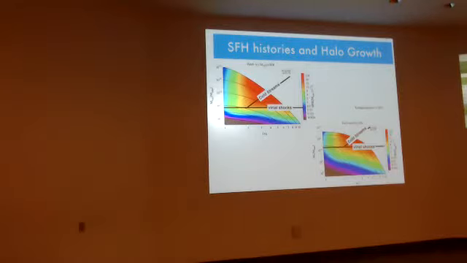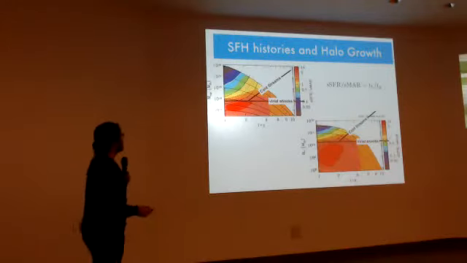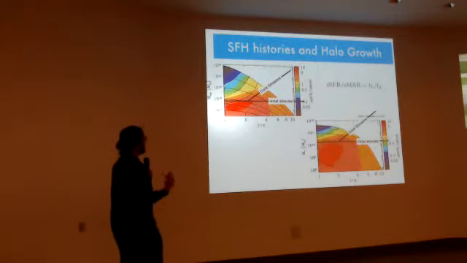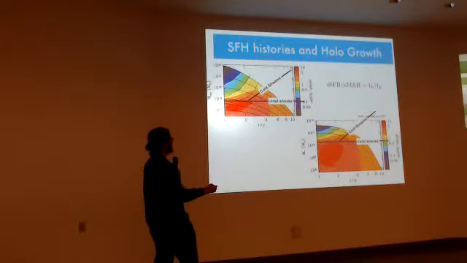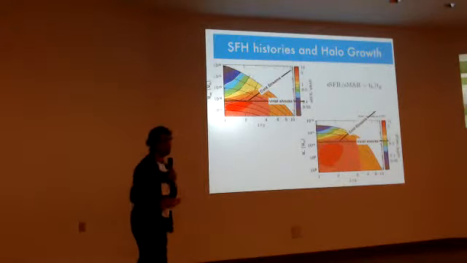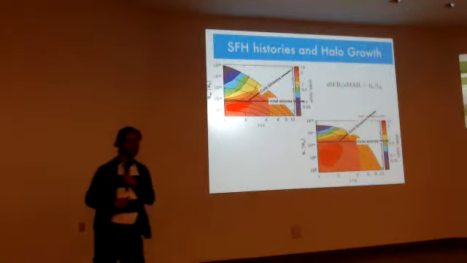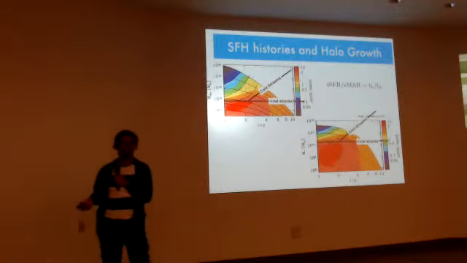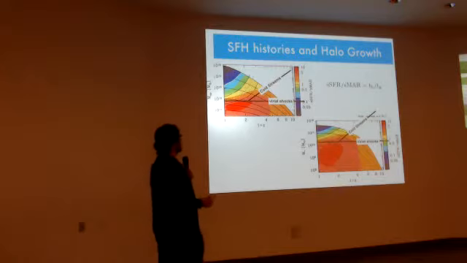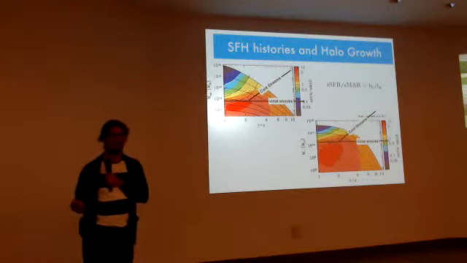Also, we are showing here the same thing, but for stellar masses. And we also thought that it was interesting to see the ratio between the specific star formation rate and the specific mass accretion rate. Basically, we are seeing the competition between the time scales for the growth of the dark matter halo and the growth of the galaxies. If this ratio is equal to 1, it means that the galaxy and the halo are co-evolving.